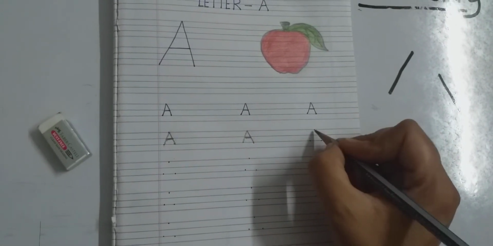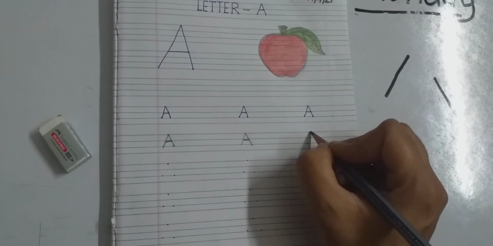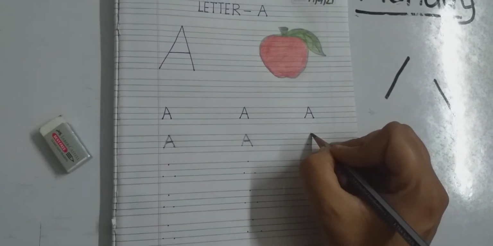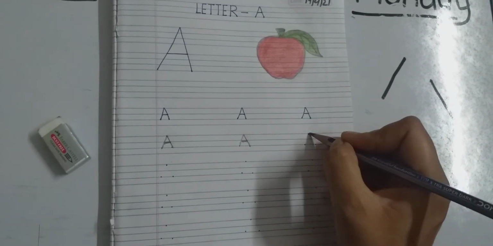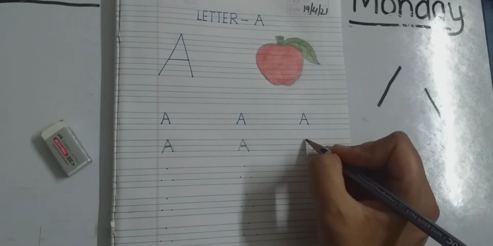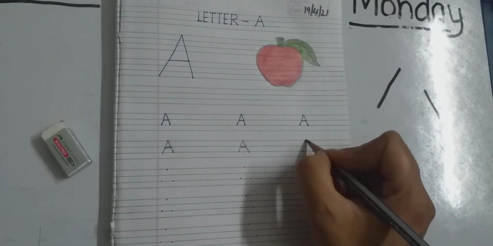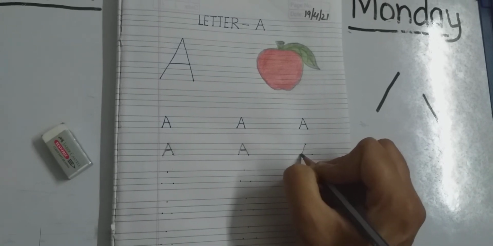So you have to write from the top red line because we have two red lines, na, on the top and on the bottom. So you have to write from the top red line, then stop on the second blue line.